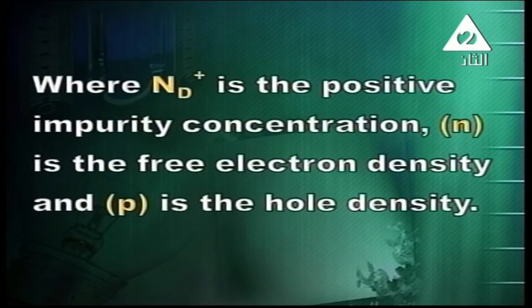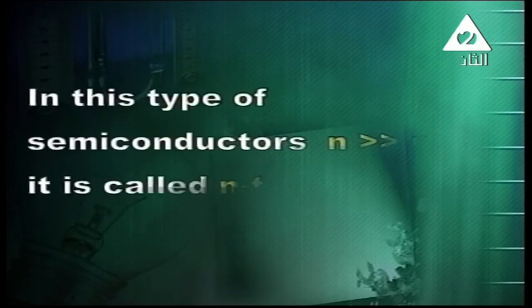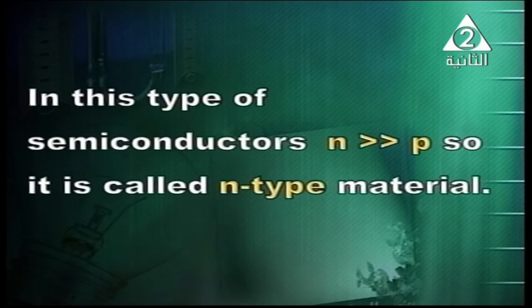Once again, Nd positive is the positive impurity concentration, small n is the free electron density, and p is the hole density, or the number of positive holes. In n-type material, n is much greater than p. The number of free electrons is greater than the number of positive holes. That is why it is called n-type material.